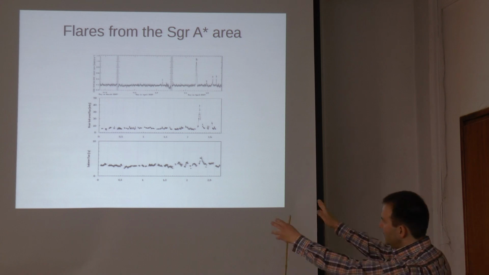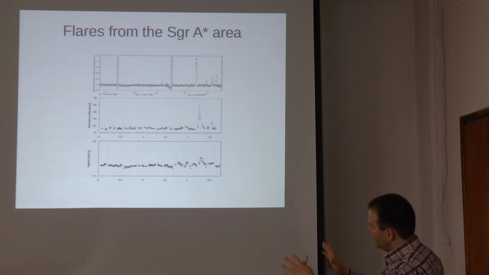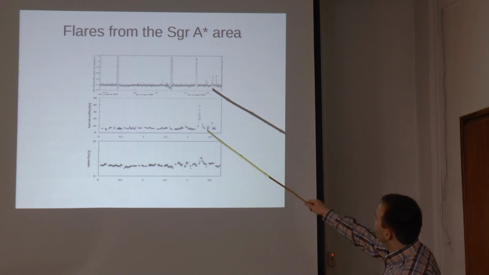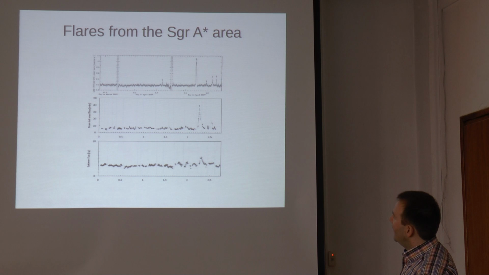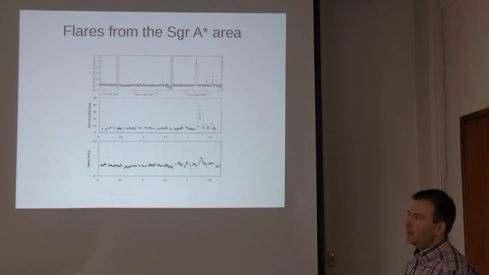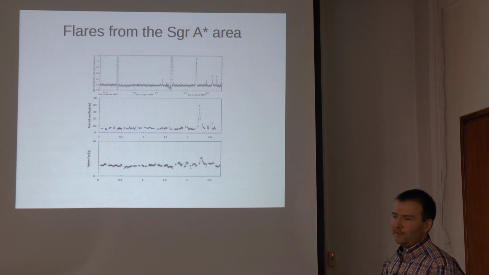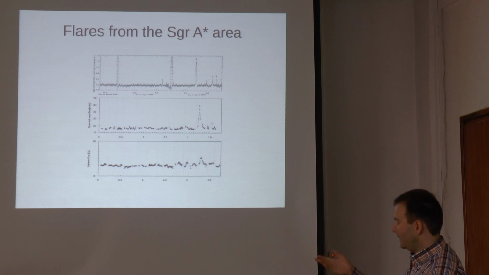This is not the same period of time, but the scale is the same. From this we know that the time scale of the outburst is about 2.5 hours. But we don't know what the reason for the outburst is. One idea is that maybe some asteroids fall onto the surface and hit the black hole.